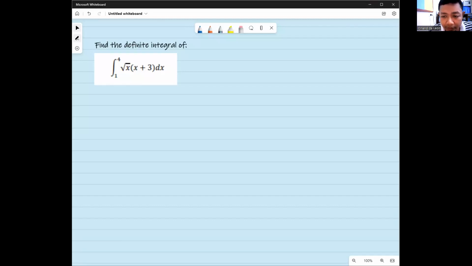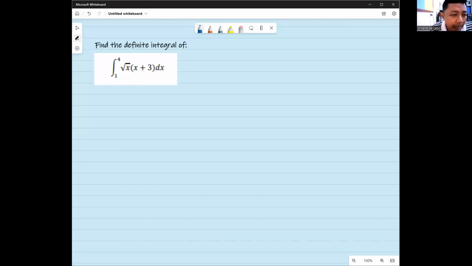First, let us identify our integral for the given function. How will we get the integral of this given function? Anyone? What's the integral? Well, so that we won't have a hard time, let's simplify it first.